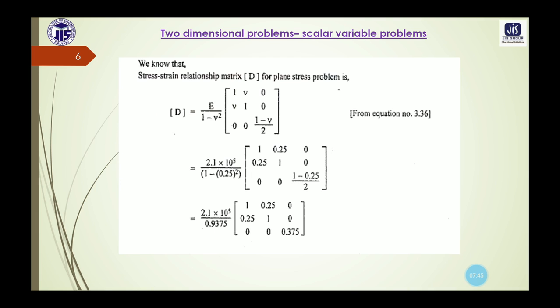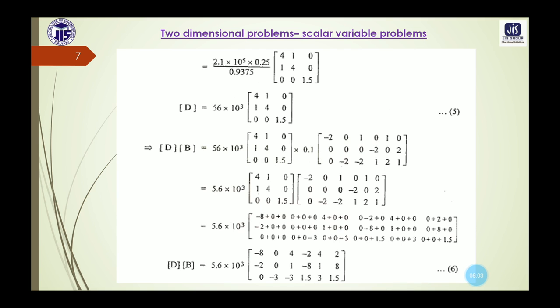All the values are known to us and are provided in the numerical. So we can put the values of Young's modulus and Poisson's ratio here, and finally we are getting this D matrix like this as equation number 5.